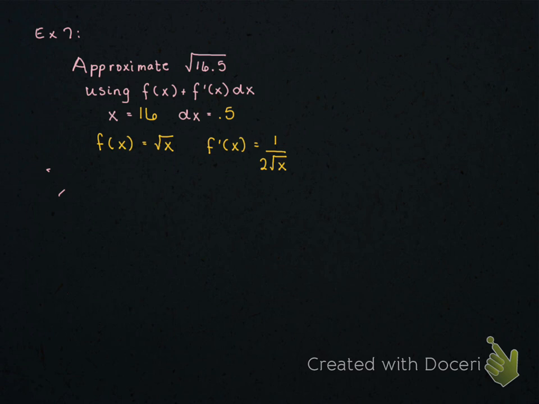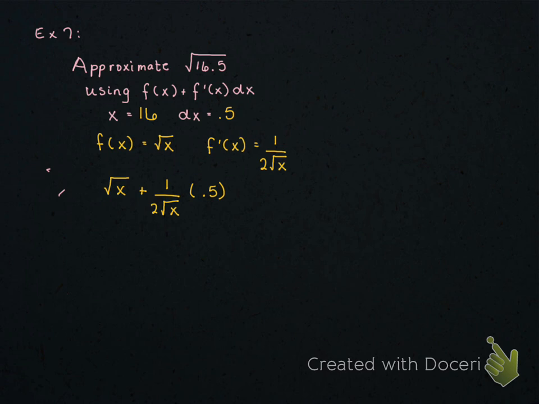So f of x is the square root of x plus 1 over 2 times the square root of x times our dx value, which is 0.5.